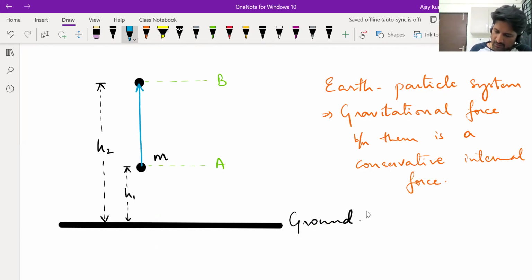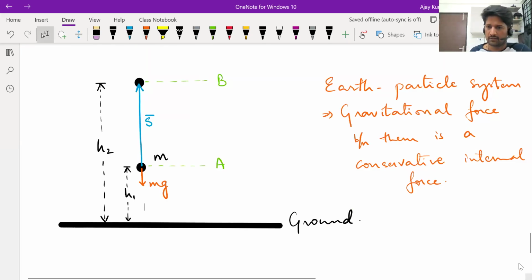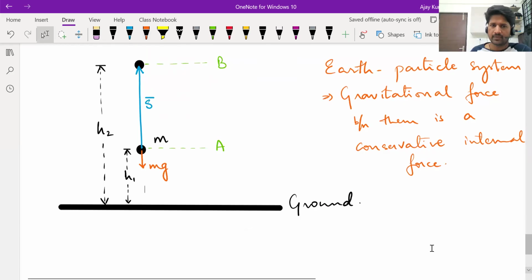This is the displacement of the object, and its weight mg is acting downward. That's the force whose work we have to calculate. So one of you tell me, is weight a constant force or a variable force? Constant. Constant force. Work done by constant force, F dot S, F s cos theta.